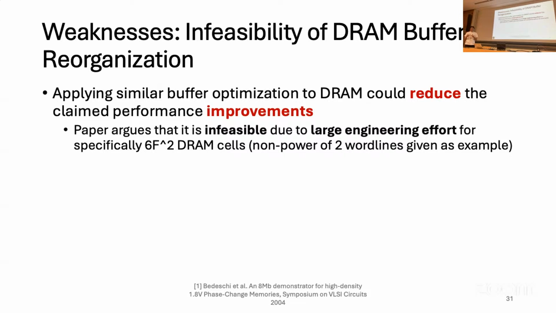Their example is that for these size 6 DRAM cells, they have to do unconventional designs, like having word lines that are not a power of 2 to increase the reliability. So they say you have unconventional designs and do weird things to get it working reliably, so we can probably not do big reorganizations. At least that's how I understand the argument.